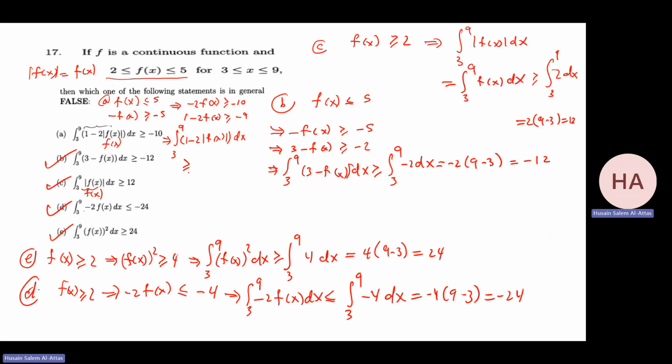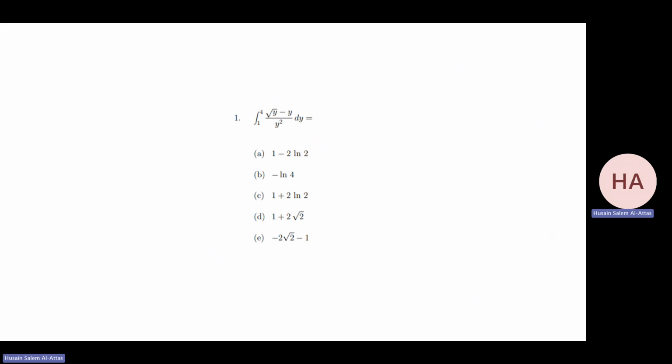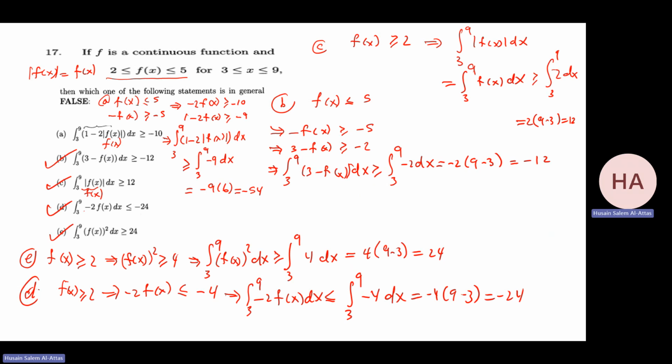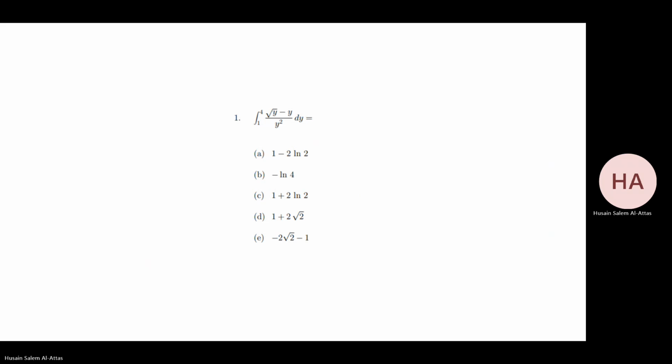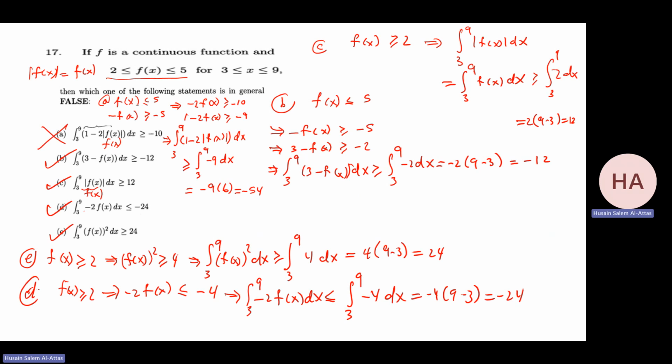It will be greater than or equal to the integral from 3 to 9 of minus 9 dx, which is minus 9 times 6, minus 54. So this is wrong, which is clear. The same idea.